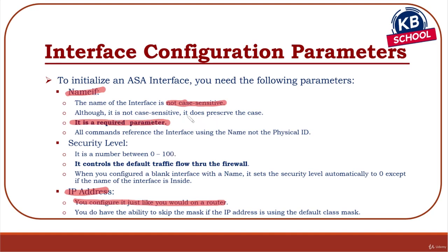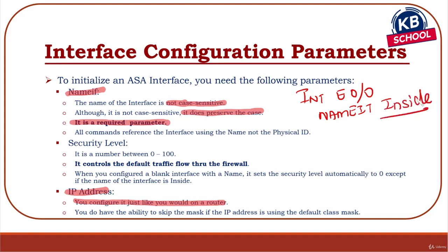Although it's not case sensitive, it does preserve the case. What does that mean? Let's say initially when you're configuring the interface, you set the interface as E00 and you said name if inside, with I capital and NSIDE in lowercase.